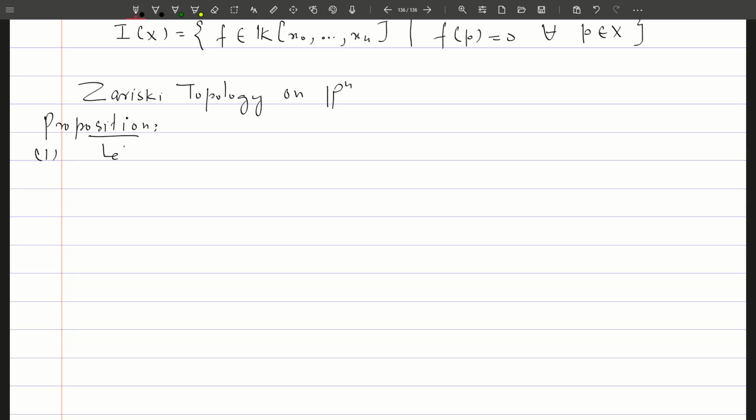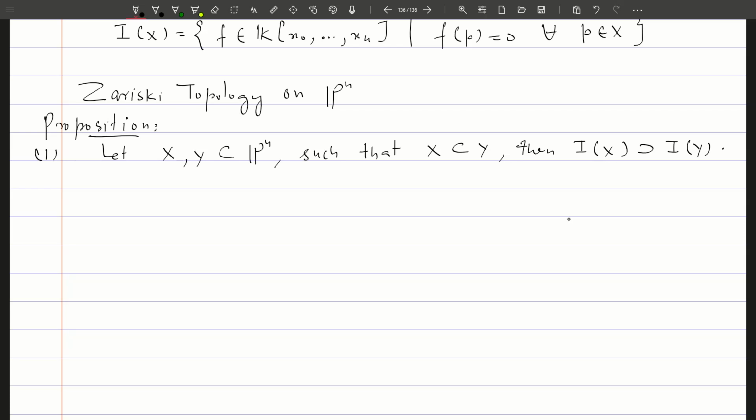Let X and Y be subsets of Pn such that X is contained in Y, then the ideal of X contains the ideal of Y. We are going to mention here certain items, and the proof of all the items will be the same as in the affine case.